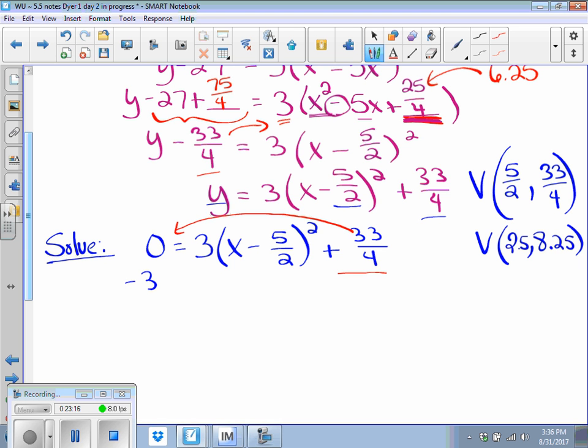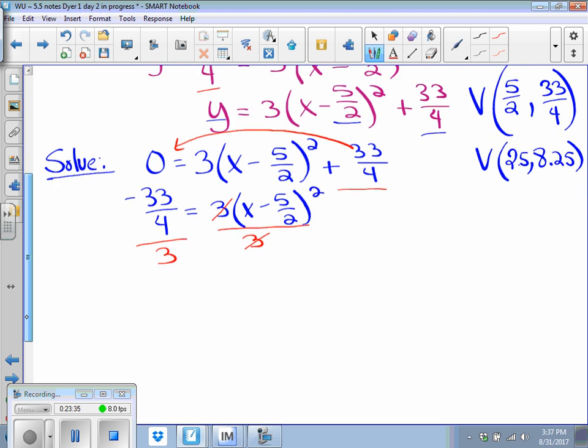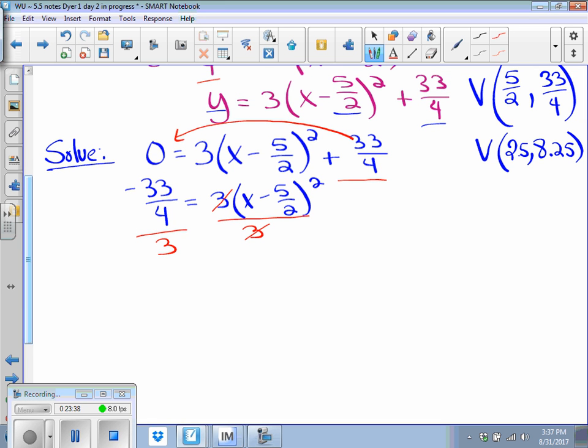So now that becomes negative 33 over 4 equals 3 times x minus 5 halves squared. Now, we're going to divide everything by 3. Dividing by 3 is the same thing as multiplying by 1/3. On the right-hand side, we do have x minus 5 halves squared. Negative 33 over 4 divided by 3 is negative 11 over 4.